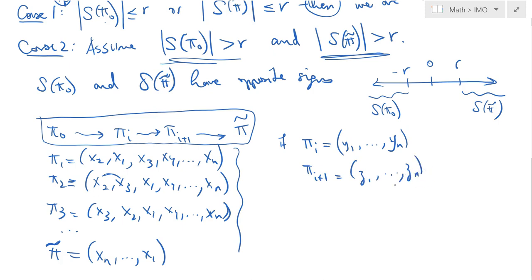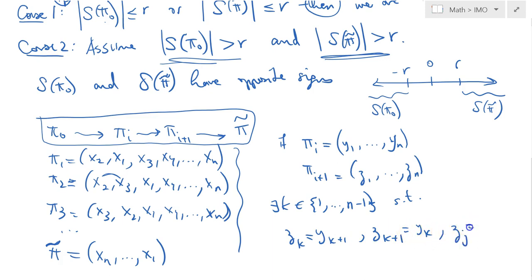Then there exists an index k in the range 1 all the way to n minus 1, such that z sub k is equal to y sub k plus 1, and z sub k plus 1 is equal to y sub k. All we do is switch the neighboring ones, and z sub j is y sub j.